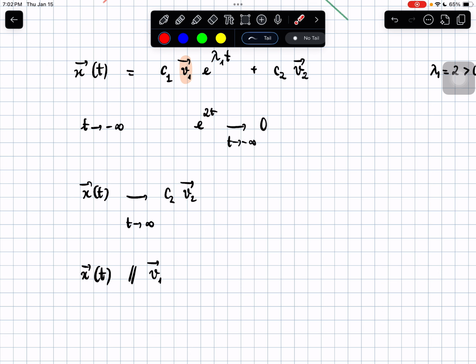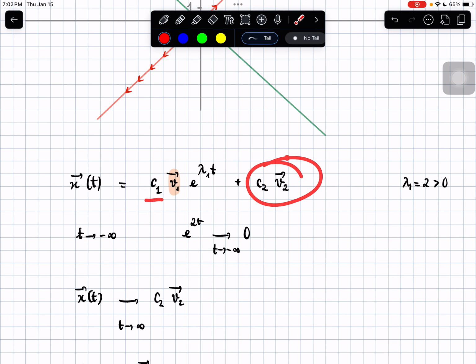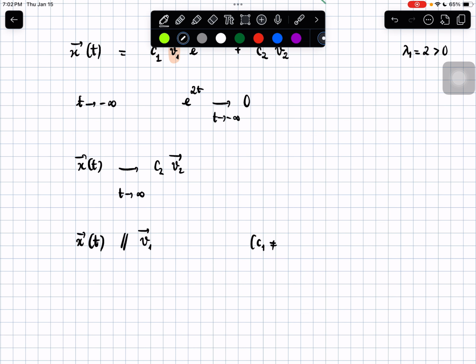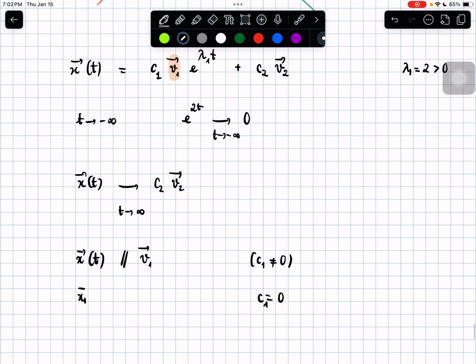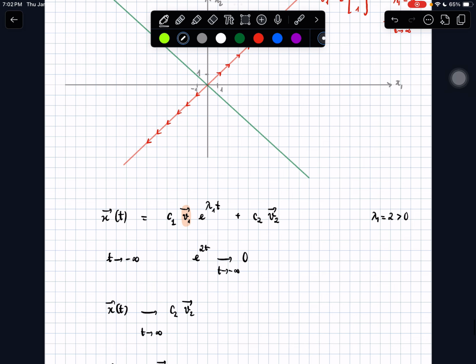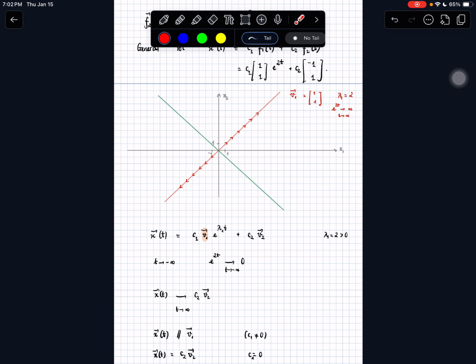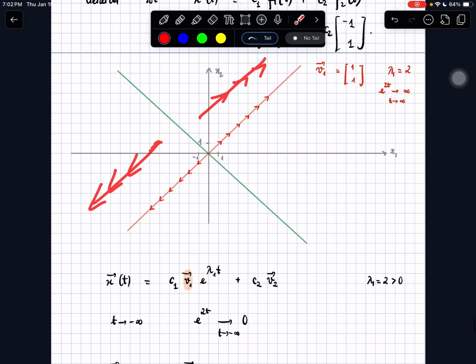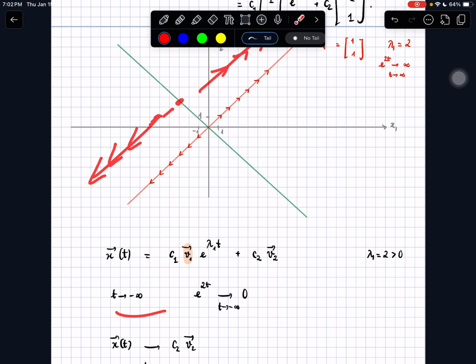For c1 equal to 0, it is just a point on this line, X(t) is just c2 v2. So you see that the whole time the trajectory is parallel to the red line. When t tends to infinity, it goes off to infinity, and for negative infinity, it tends to one point here.